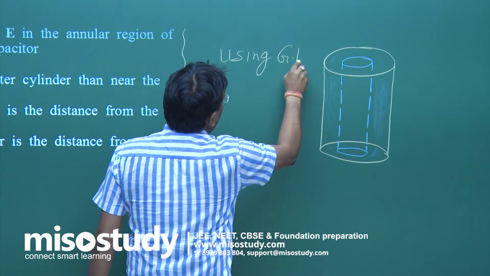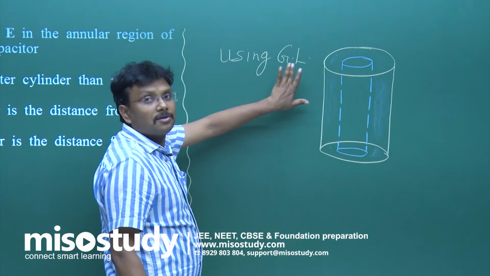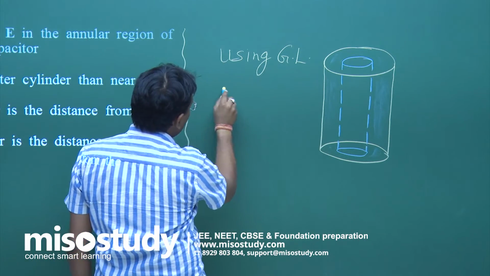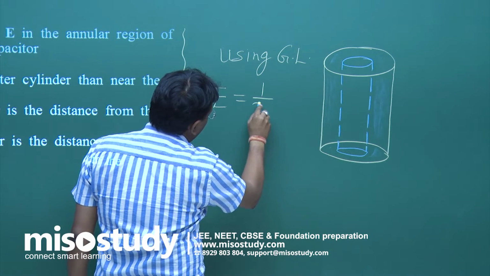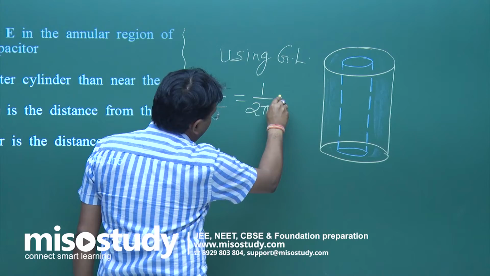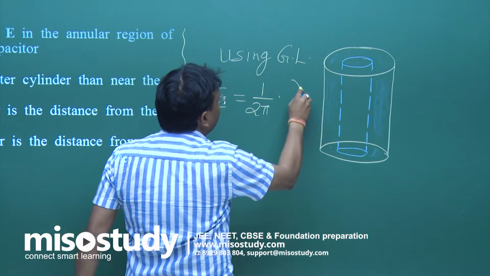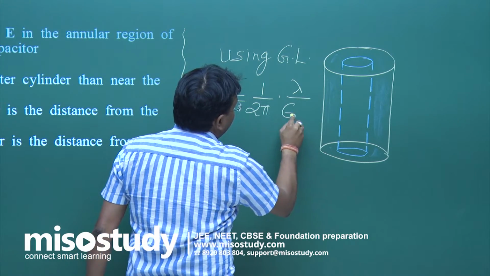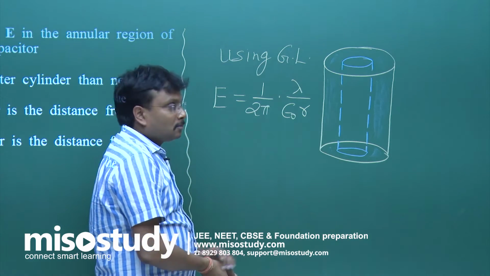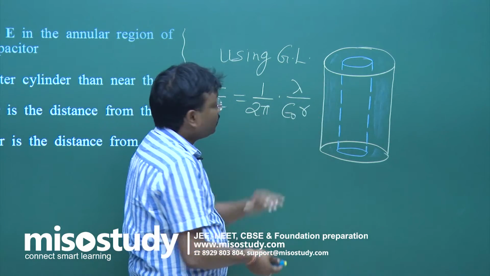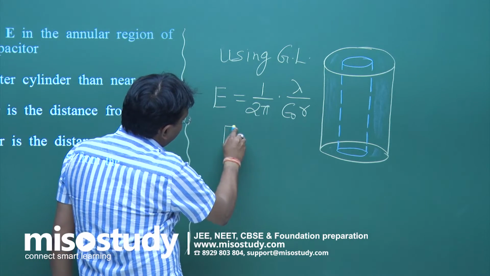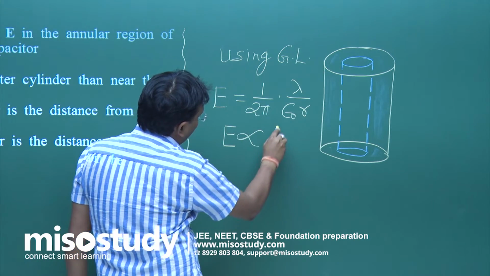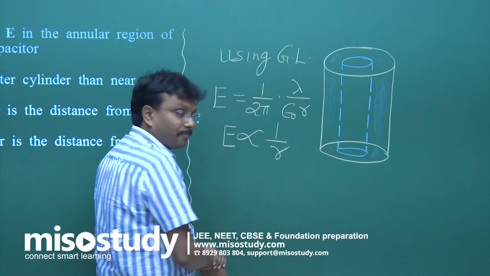Using Gauss's law, E is equal to 1 upon 2 pi into lambda upon epsilon naught r. R is the radius of this zone. So, what is the direct result you are getting? E is directly proportional to 1 upon r.